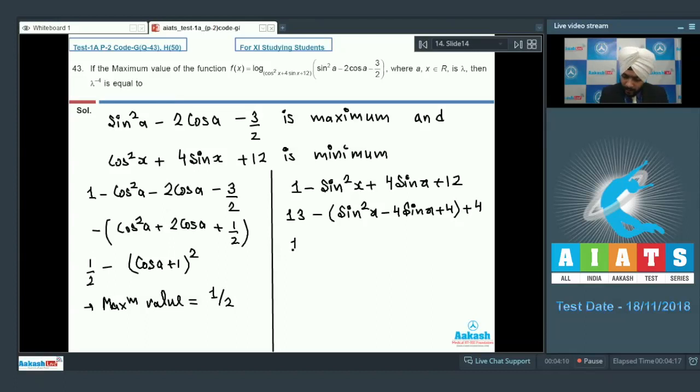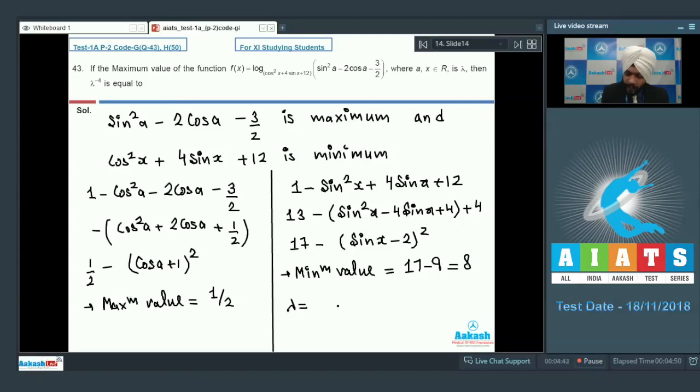So this is 17 minus (sin x minus 2) whole square. Now students, (sin x minus 2) whole square needs to be maximum in order to have this particular quantity minimum. The maximum value can be (minus 1 minus 2) whole square, that is 9. So 17 minus 9 will be the minimum value of this expression, that is equal to 8.